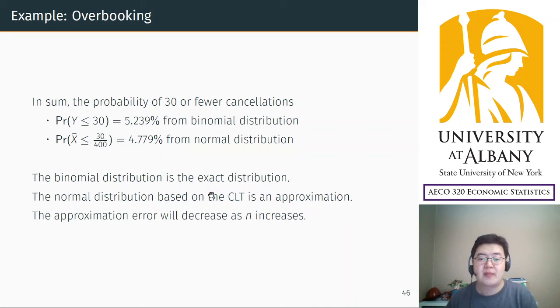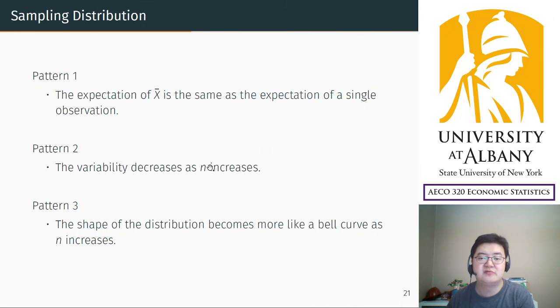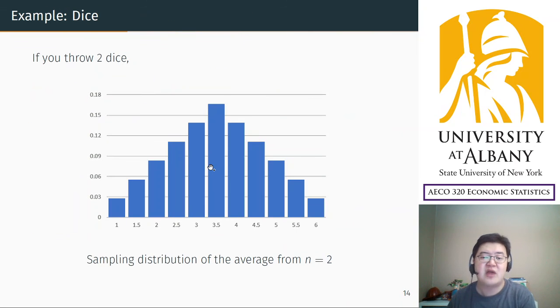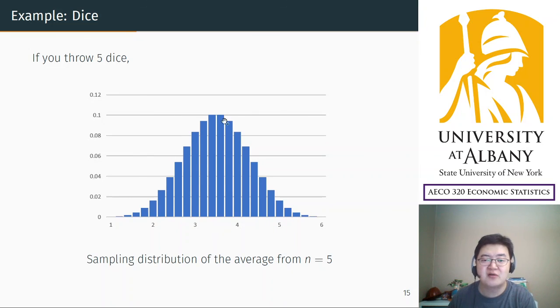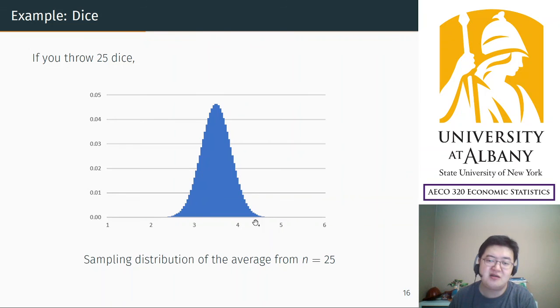For example, going back to the graph. As the sample size increases, this graph started to look like a bell curve, a normal distribution, but it's not a normal distribution. It looks more like a normal distribution, but not exactly. It looks even more like a normal distribution, but not exactly.